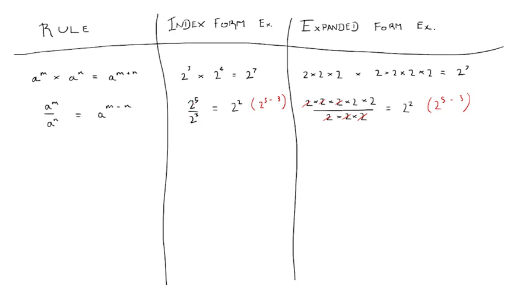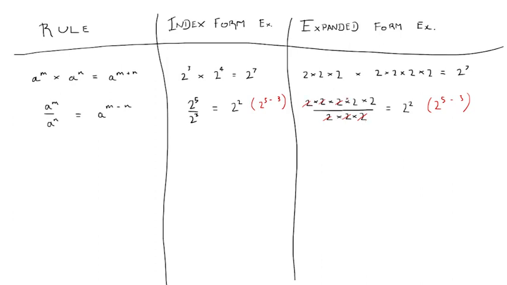So we've got a simpler example here, 2 to the power of 5 divided by 2 to the power of 3. 5 minus 3 is 2, so I've got 2 to the power of 2. Now, why is that the case? If I write this out in expanded form, you should see that it makes sense. I've got 5 2s up here and 3 down here.